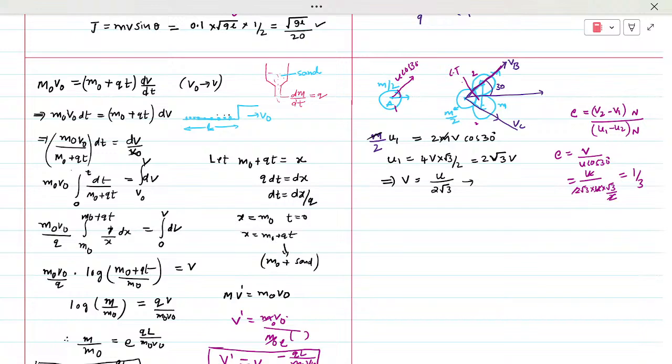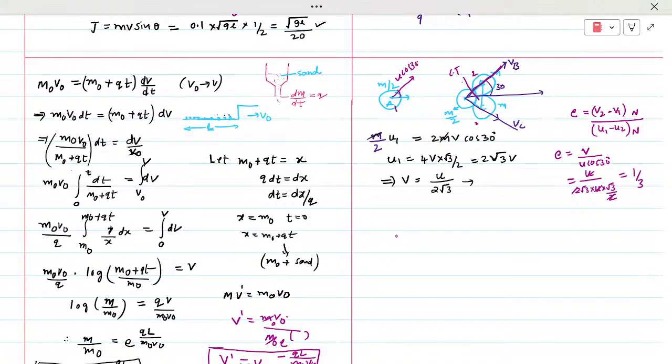So loss of the kinetic energy during the collision. Loss of kinetic energy is equal to gain of kinetic energy by the two bodies. So how much will come? If we solve that, we will get mu square by 6 kinetic energy.